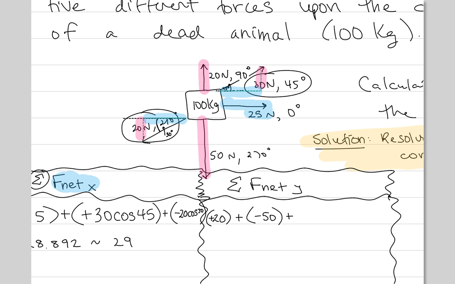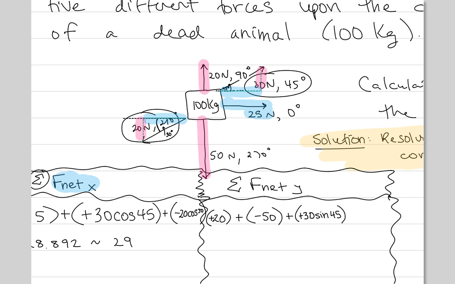Okay, so the positive one will be positive 30 sine 45. Up here, it's going up. So the sine gives us the y component and it's positive, right?